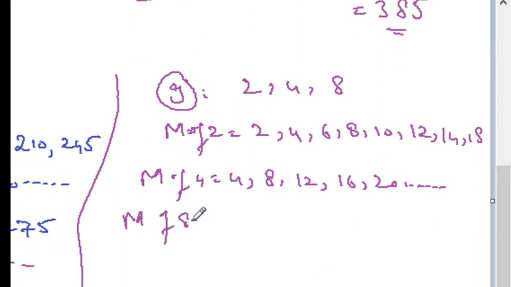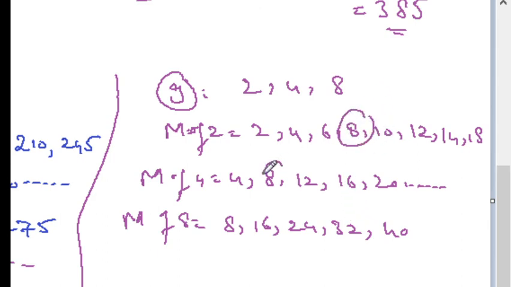Multiples of 8, they are 8, 16, 24, 32, 40. Then look at the lowest multiple here. This one, this one. So the lowest multiple, so LCM is 8.